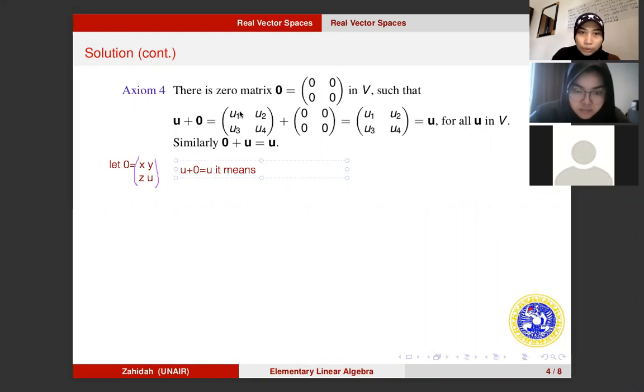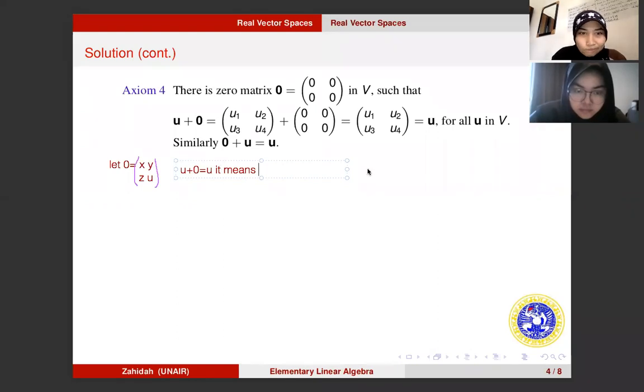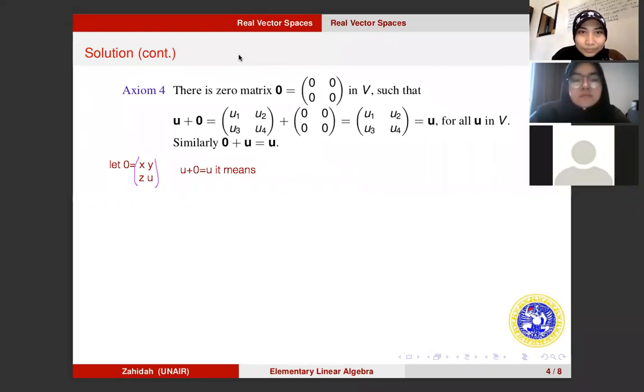We get u1 plus x in the first row, first column.